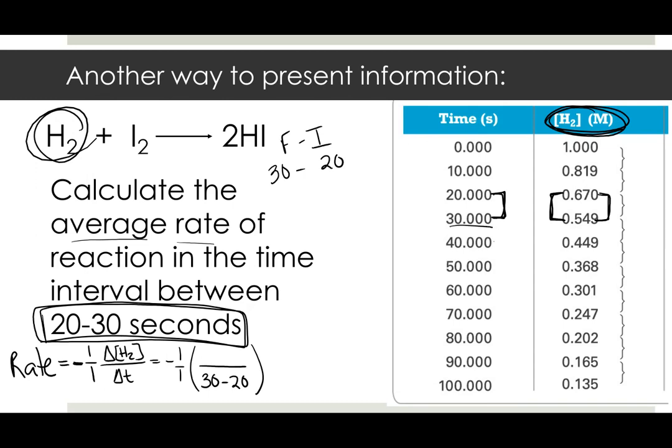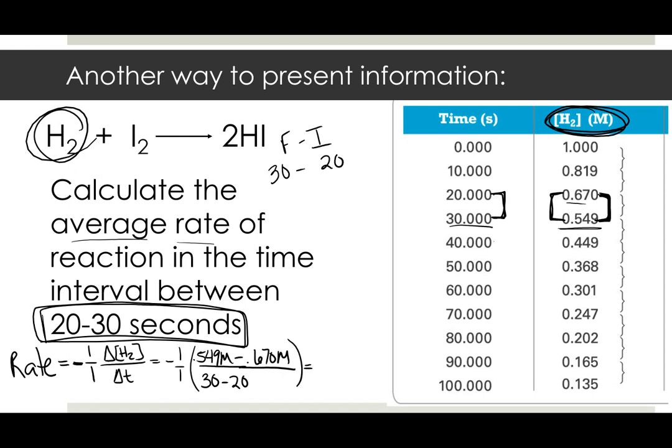So at 30 seconds, our final time, our concentration was 0.549 molar. And initial was at the 20-second time limit. Our concentration was 0.670 molar. Okay. So plug this into our calculator.